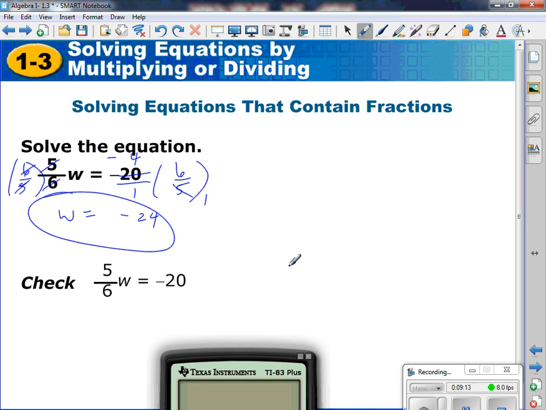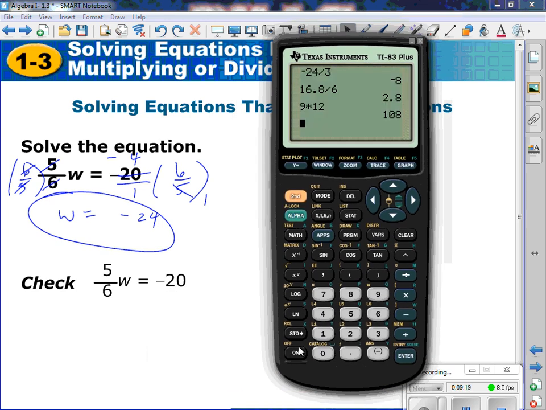Now, I would especially check your answers on these problems. Take the calculator. How do I type this in? Use the parentheses. Type the fraction, and then just put times negative 24. Negative 20, I'm good. Not sure how picky the calculator will be if I do this.